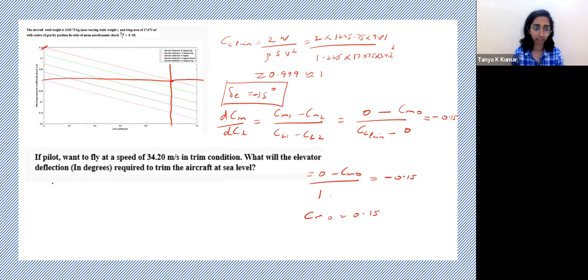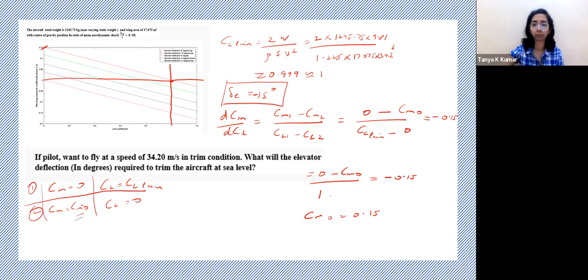Where CM is 0, there CL equal to CL trim, and where CM equal to CM naught, CL equal to 0. So these are the 2 points. Point number 1, this is point number 2. Find the slope at these 2 points to give you CM naught, and then you can see which line corresponds to which intercept. I find this little more reliable, so I just shared the two methods with you.